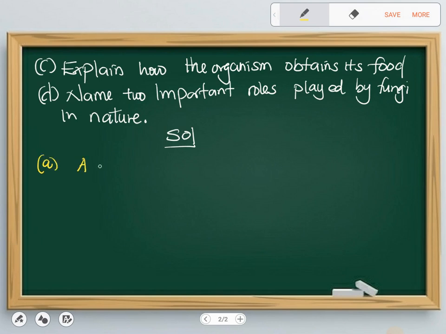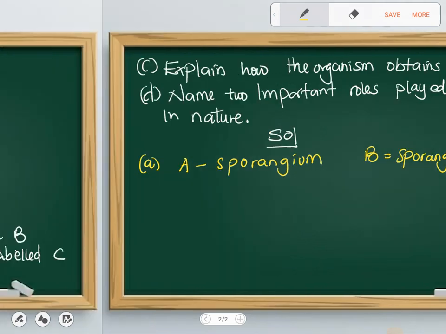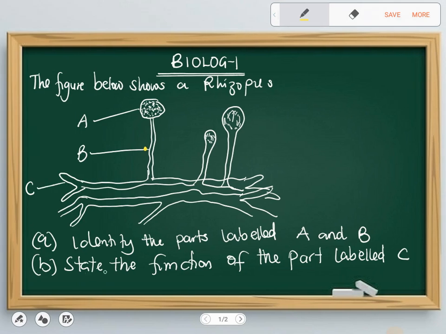So A is the sporangia, others call it the sporangium, while B is the sporangiophore. Pronunciation doesn't matter. What matters is the spelling.